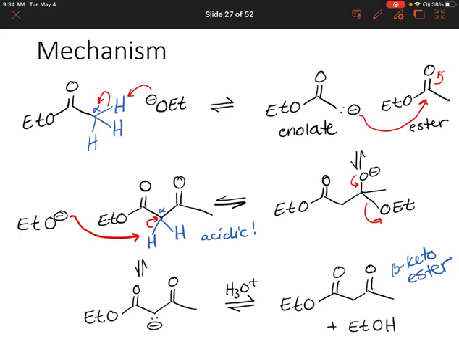All right. Now, similar to our aldol reactions, where we could also perform crossed aldol reactions, we can perform crossed Claisen condensations.